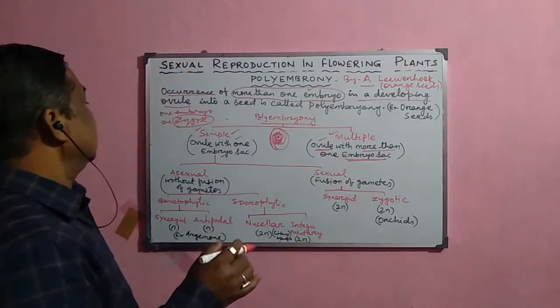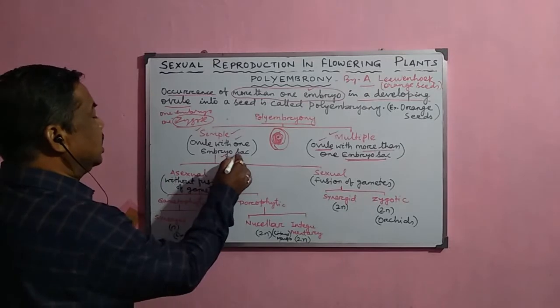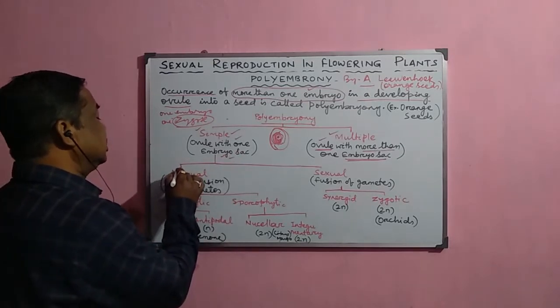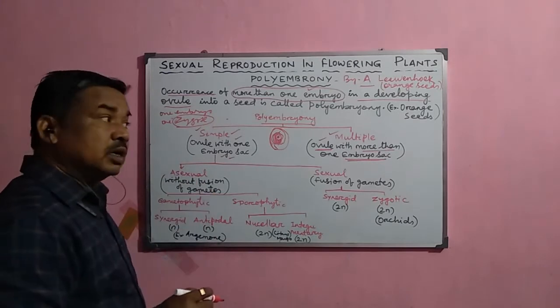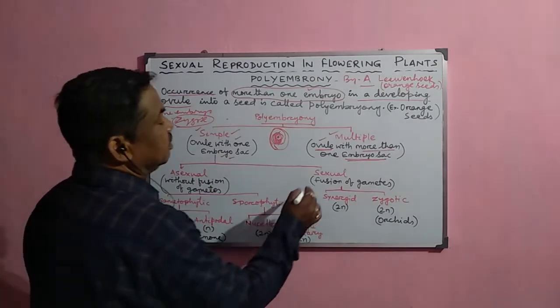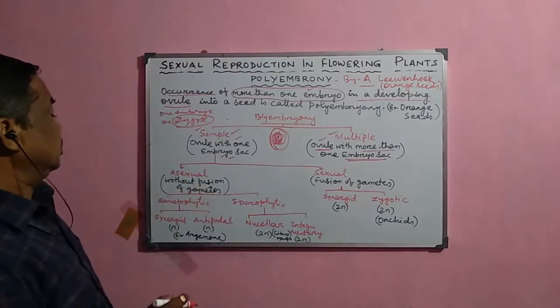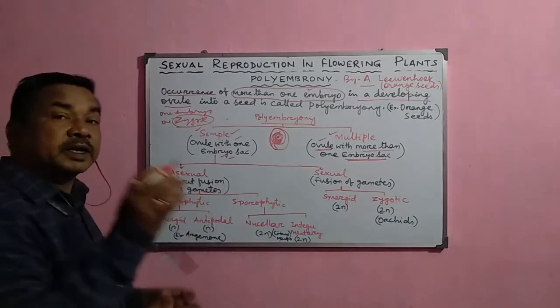Now, the ovule with one embryo sac may be either in case of asexual reproduction or sexual reproduction. Suppose it is asexual reproduction, so without fusion of the gametes.